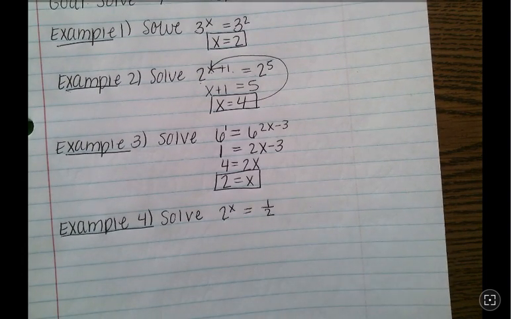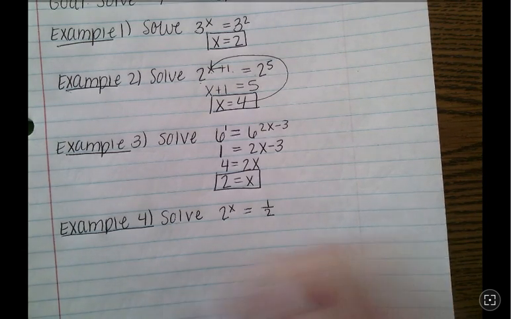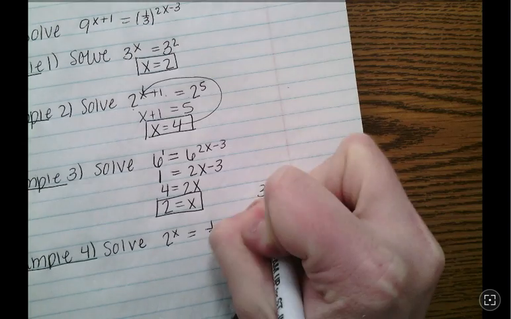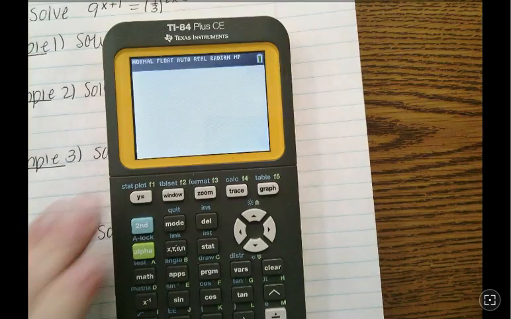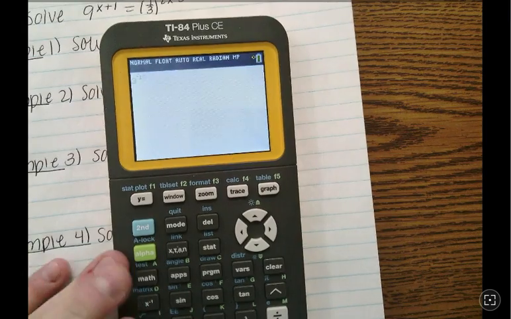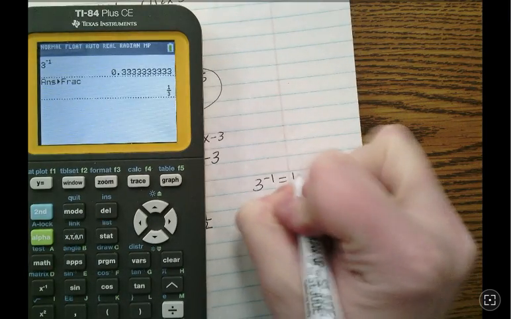And here's what you have to understand about exponents, okay? There were a bunch of rules in 6.1 and 6.2 that I think a lot of you have forgotten, and one of them is regarding negative exponents, okay? So like, let's say I had 3 to the negative 1. If we plugged that into the calculator, 3 to the negative 1, math, enter, enter, turns into 1/3.